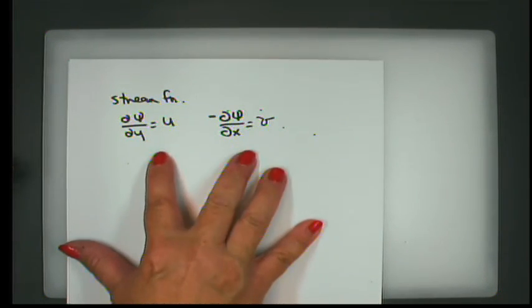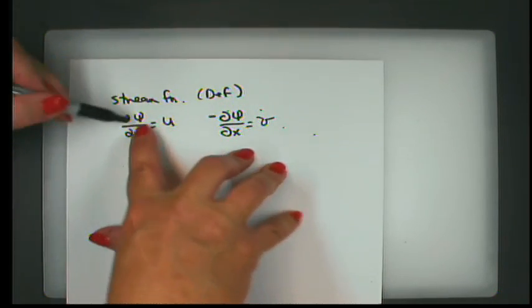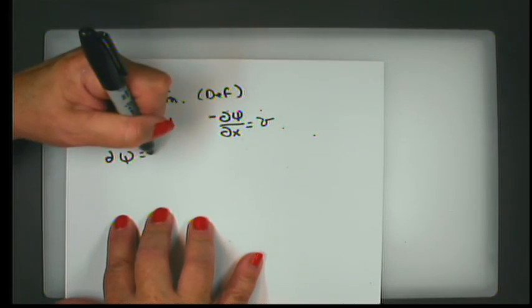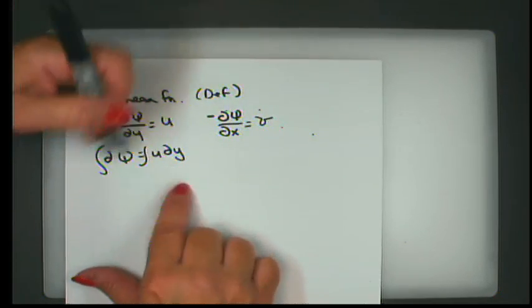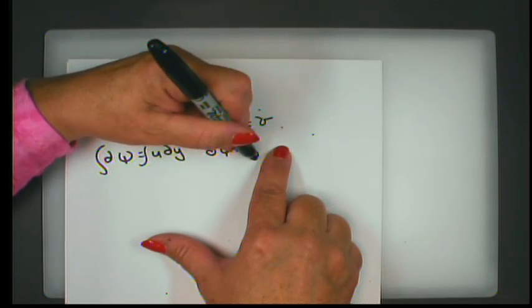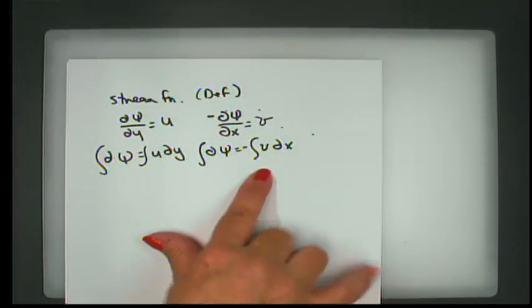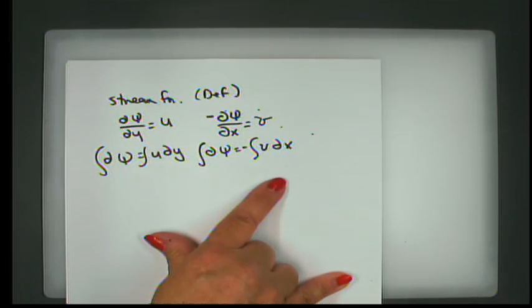So what that means, and this is the definition, is that in order to find psi, we could say del psi is equal to u times dy and integrate. We could similarly say that del psi is equal to, say, the integral of negative v dx.